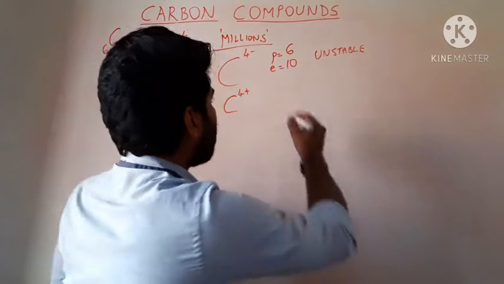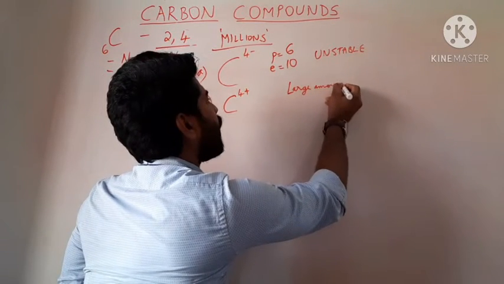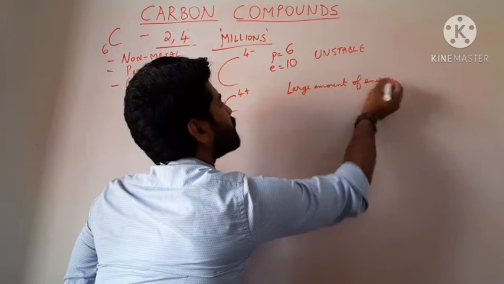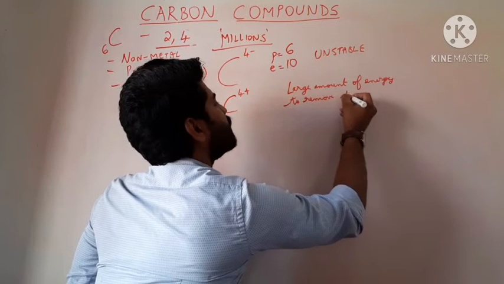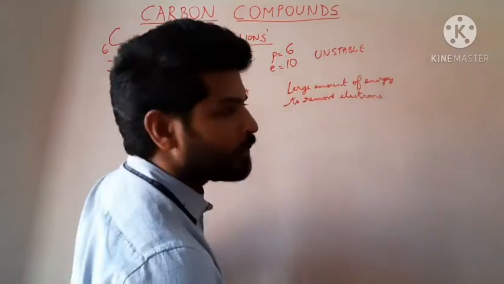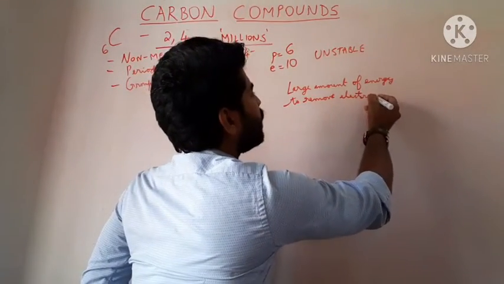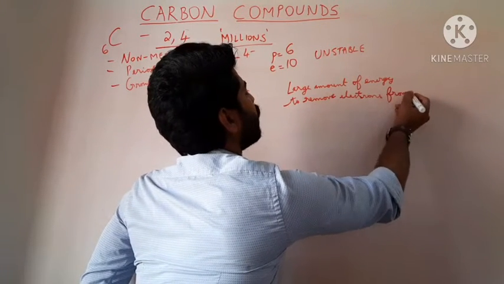Why? Because a large amount of energy is required to remove electrons from the valence shell. With great difficulty you can remove one, whereas it will be very difficult to remove the next electrons.